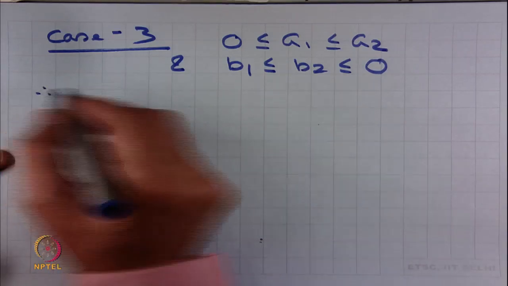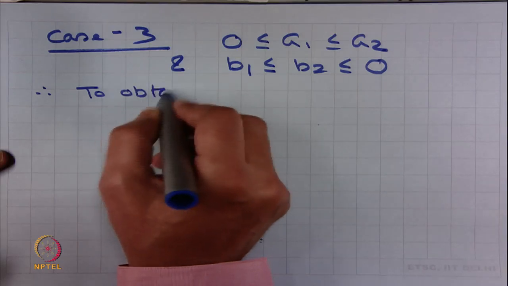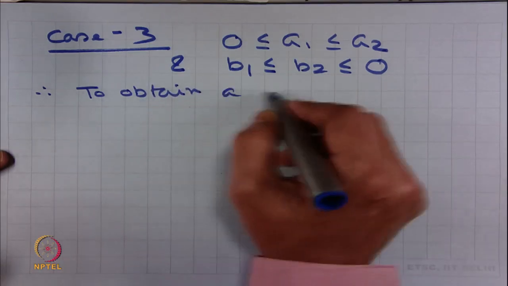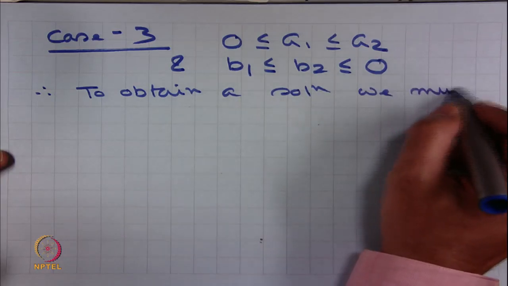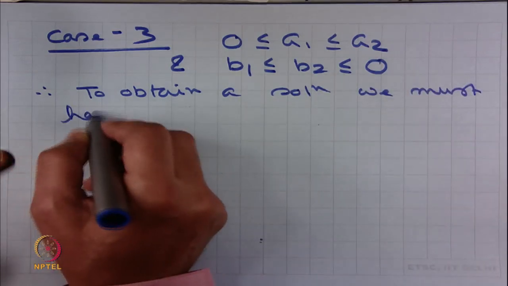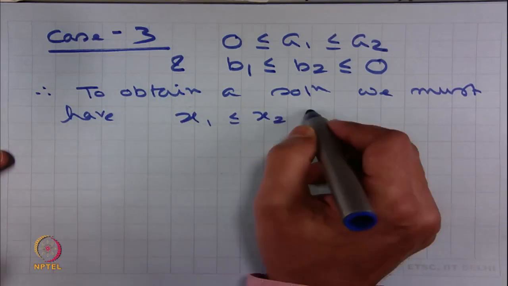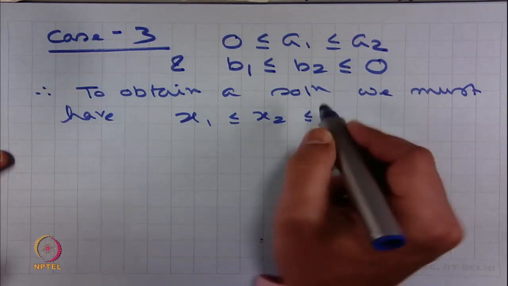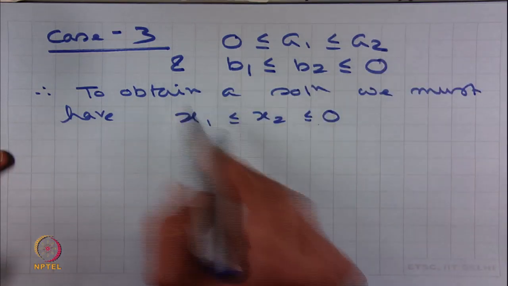Therefore, to obtain a solution, we must have x1 less than equal to x2 less than equal to 0, because A is completely positive, B is completely negative.